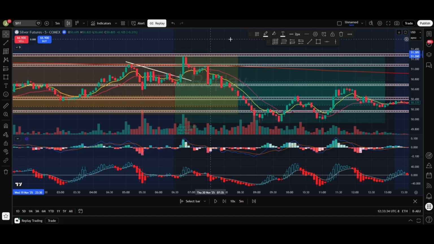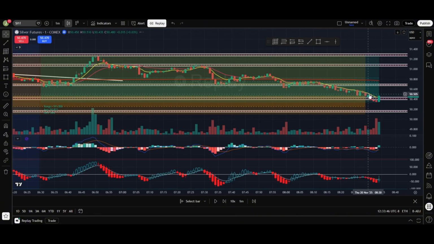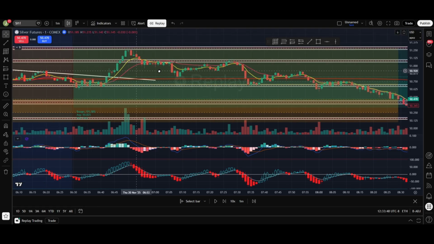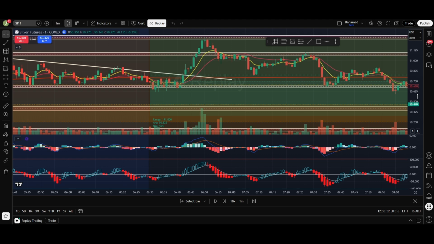So again, you could come down and use your 1 minute, but I do like the 2 minute for metals. So let's select our bar. Let's come down to our 1 minute. I would say 2 minutes on gold more than silver. Silver respects a 1 minute a little bit more without being as indecisive.